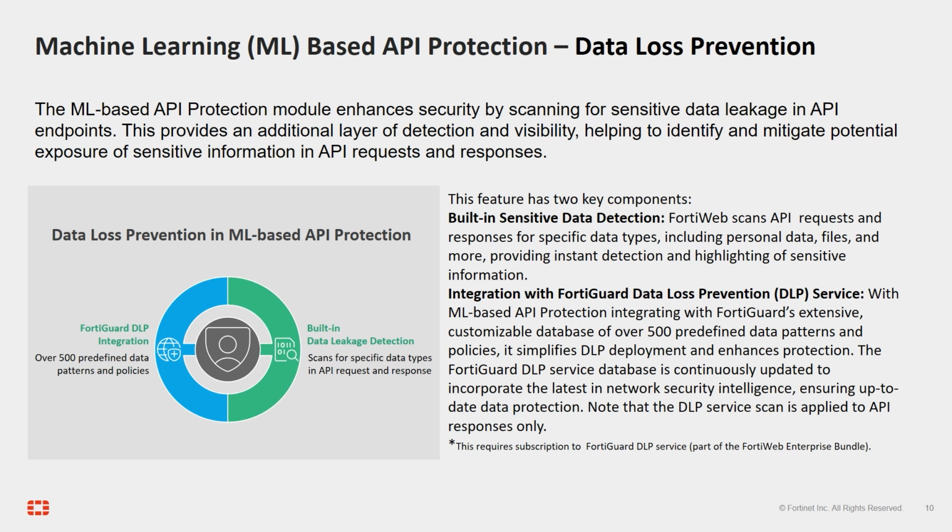The second component integrates with FortiGuard's data loss prevention service. This extensive database of over 500 predefined data patterns and policies helps FortiWeb detect and block sensitive data exposure in API responses. With continuous updates from FortiGuard, FortiWeb ensures your data protection is always up to date, making it easier to deploy and maintain robust API security.